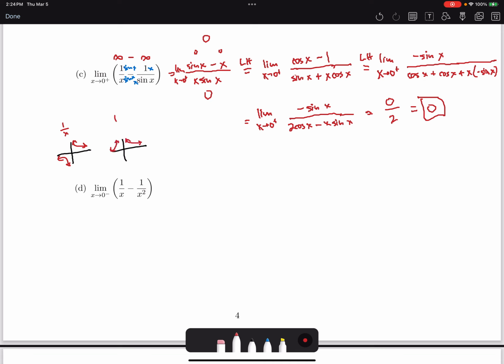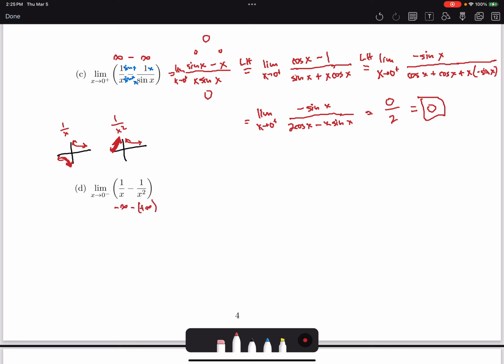Roughly, right? So as we approach 0 from the left, 1 over x is going down to negative infinity. As we approach 1 over x squared from the left, it looks like we're going to positive infinity. Okay.